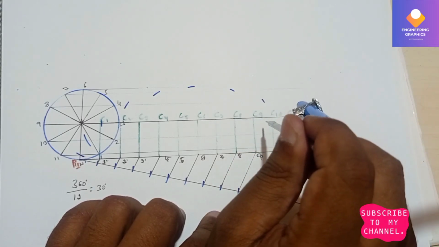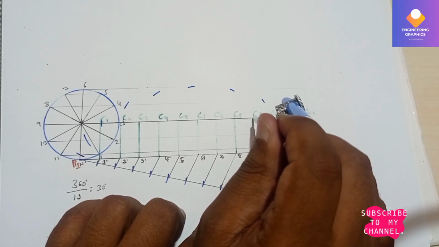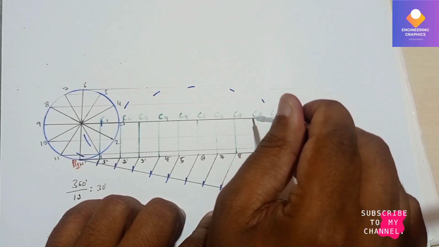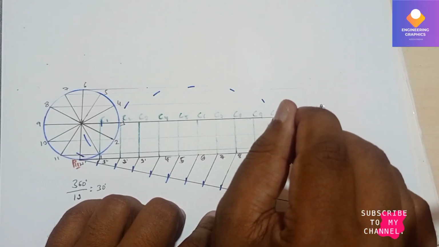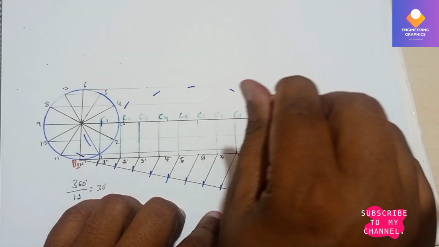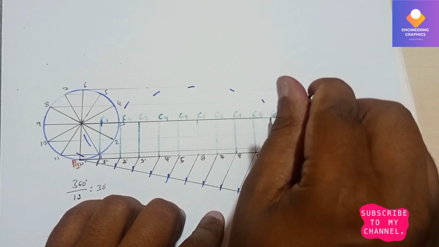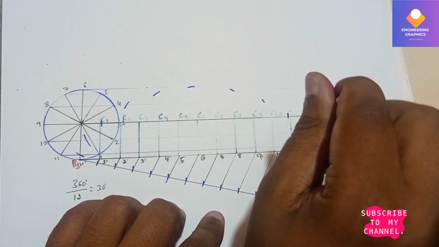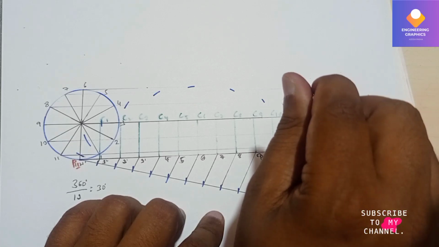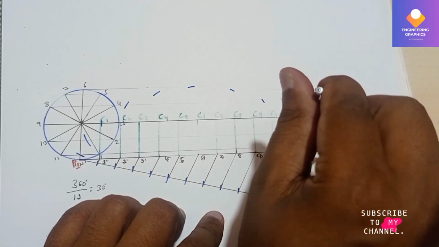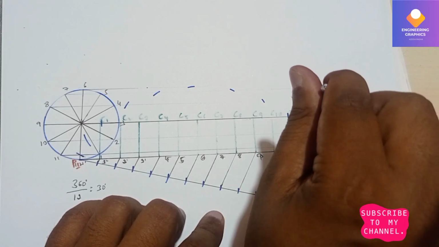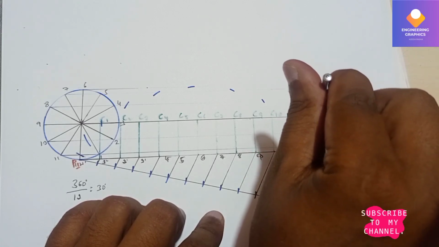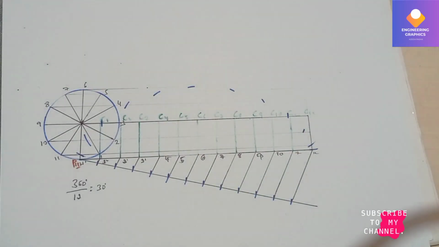Okay, and then C9 will be here. C10 we have exactly here, and then C11 we got it here, and then finally we have the C12. Okay, so now we can mark these points.